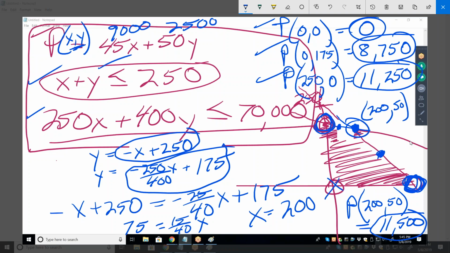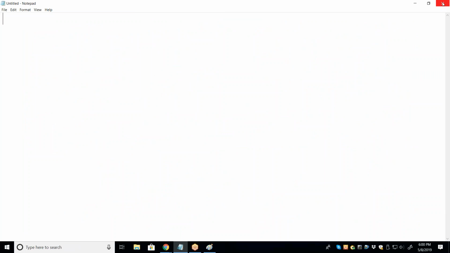If you couldn't make that statement, you couldn't solve these problems. And that's why we only examine the vertices. We know the maximum of that objective function is never going to lie between vertices. It's always going to lie on a vertex. So that's one of them.